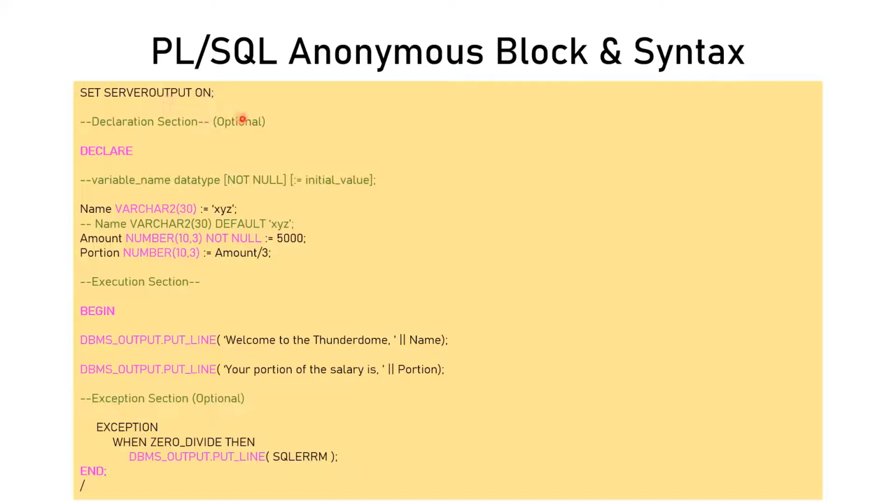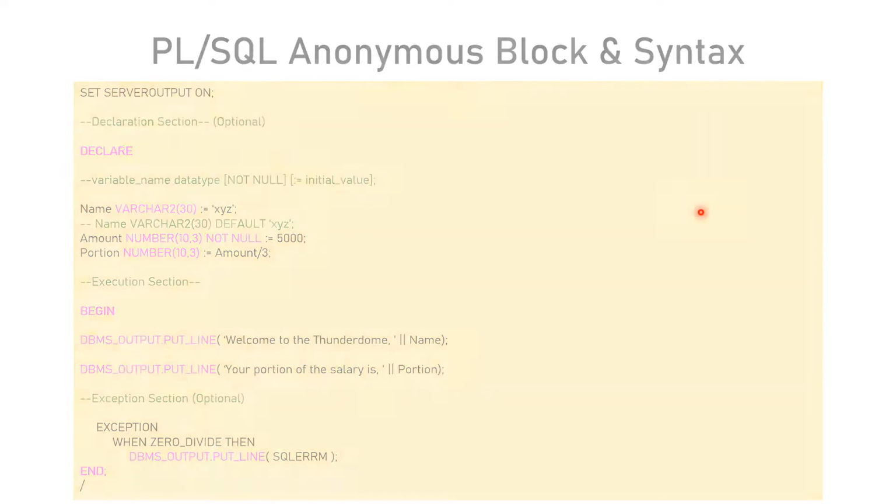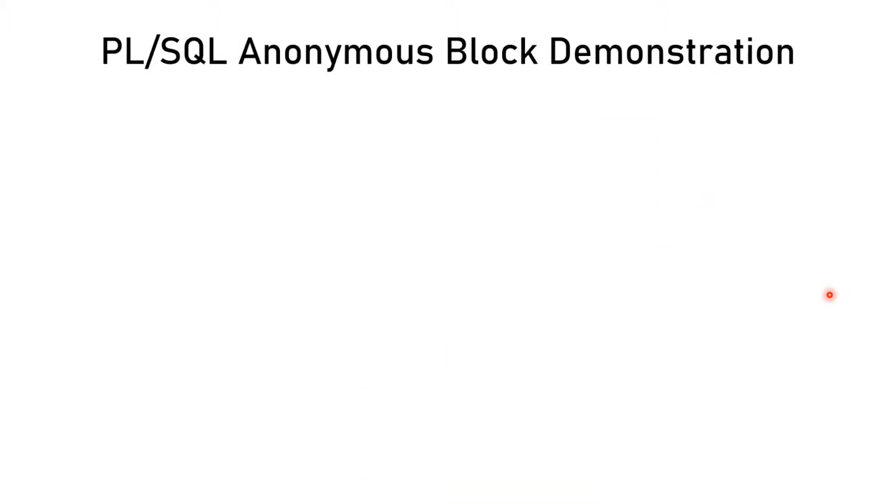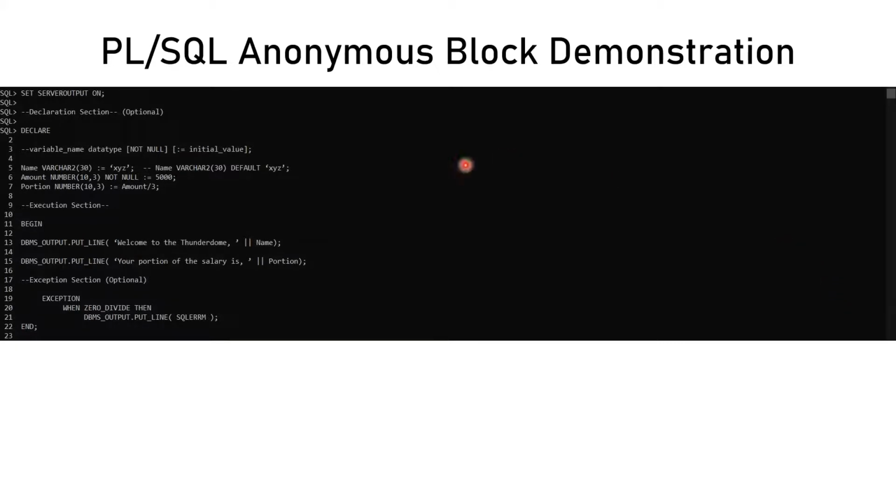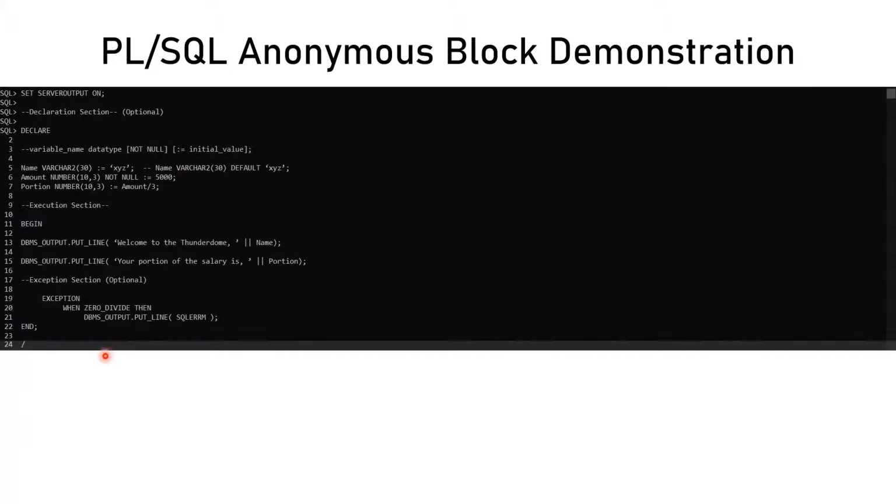All right? Okay, now let's try to run this program block in our SQL console and see what we get. So as you can see, we have written down our program block in our SQL console, and now we will run it.